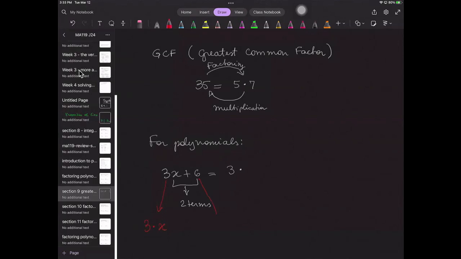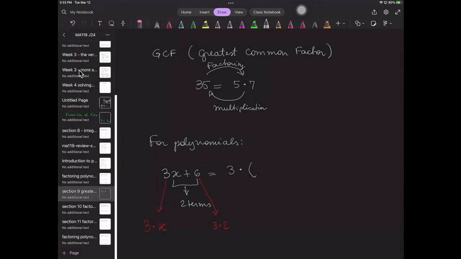And term number 2, you have 6, which is 3 times 2. So both of them are divisible by 3. This is the common factor, and it is the greatest common factor because there is nothing bigger than 3 that will divide both of the terms. So I know 3 is a factor, so I can factor it out.